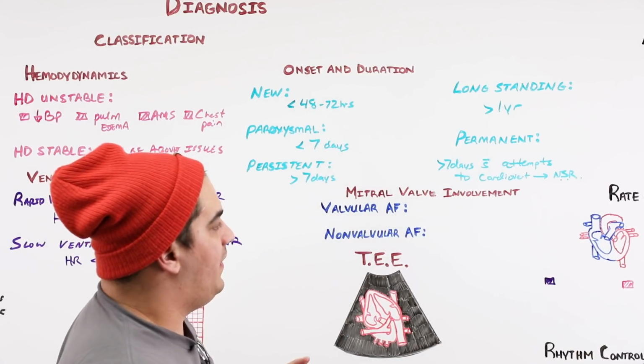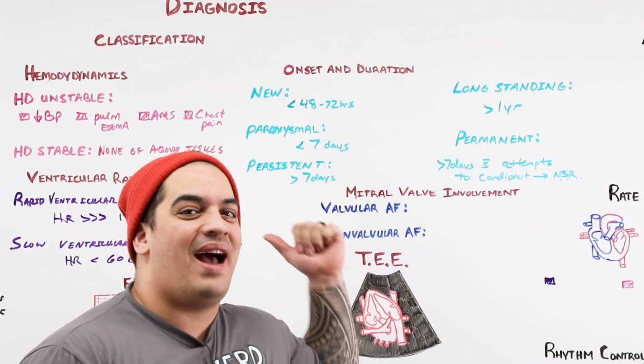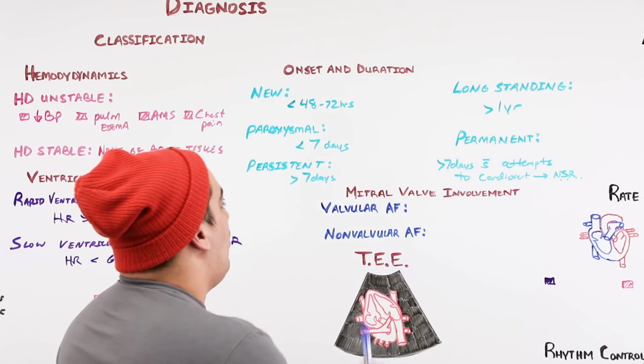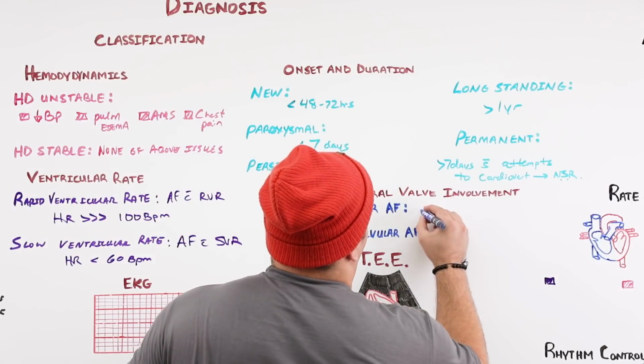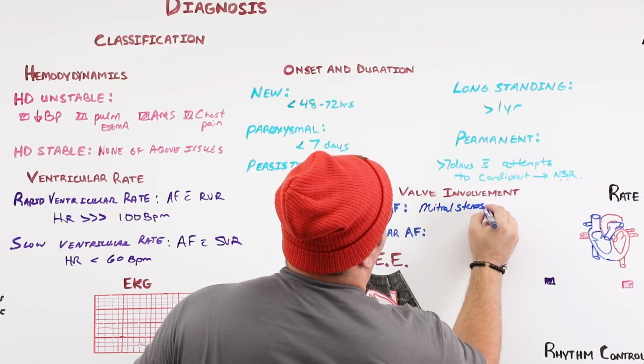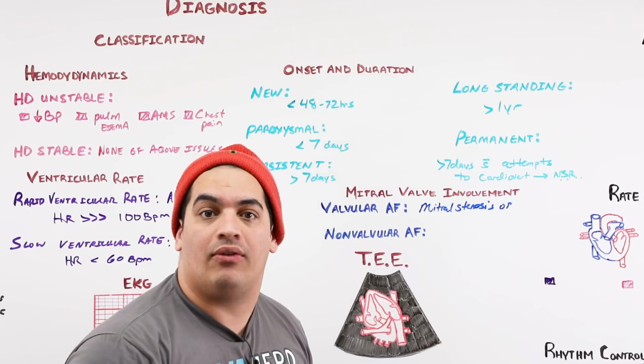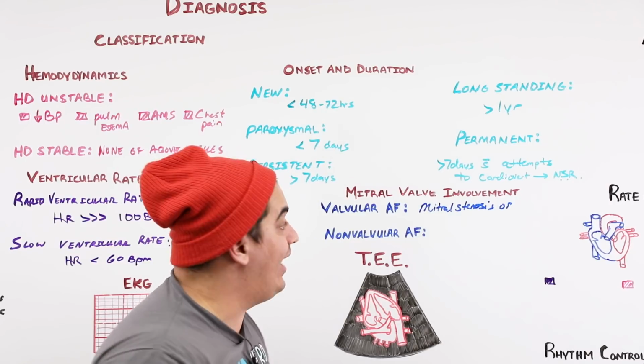The last classification of AFib is, does it have valvular involvement? And this goes back to that mitral stenosis. So valvular AFib, meaning that is there evidence of mitral stenosis, or do they have some type of valve? Do they have like an actual mechanical valve?